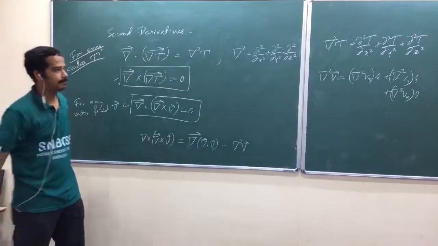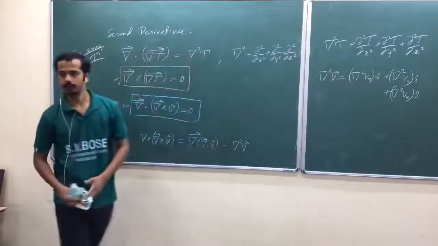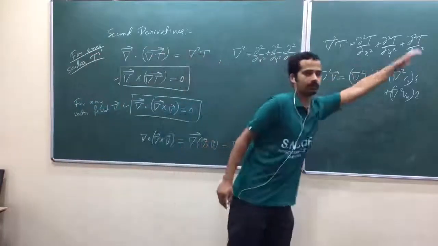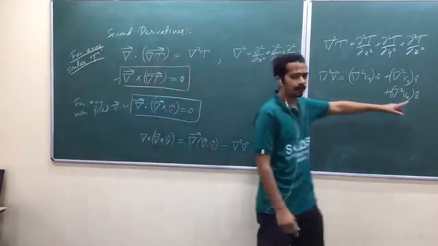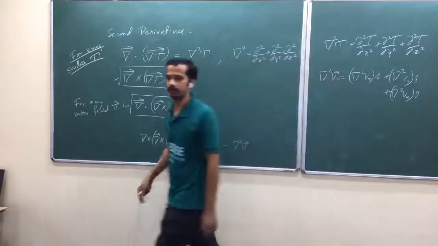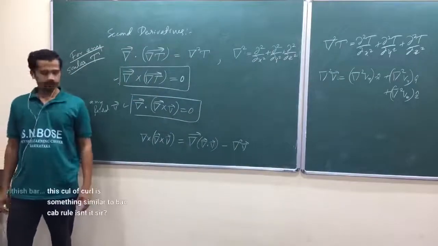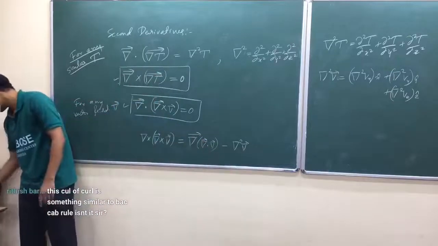Is that okay? Obviously, if you treat that one as operator, you can operate on individual components. Obviously, x cap, y cap, z cap are constants, isn't it? They are constant unit vectors. So that's the meaning of this one, isn't it? Here the confusion comes.